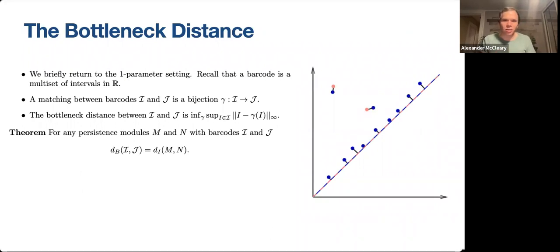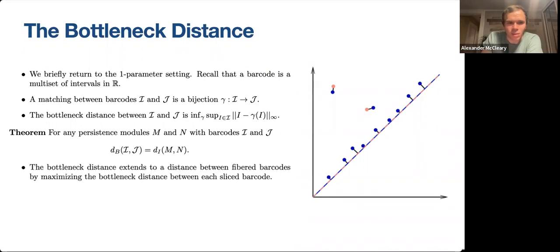That's the hard direction. The other direction is a bit easier to show. But it turns out that these two distances are actually equal, or isometric, really. And we can use this theorem here to get an analogous result for fibered barcodes, and to show that fibered barcodes are a stable invariant.